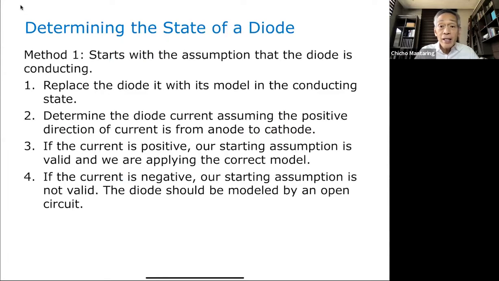So that's consistent with the convention for current direction and voltage polarity. If the current ends up really being positive, then our starting assumption is valid and we are applying the correct model. And therefore, whatever we have computed is valid. On the other hand, if the current is negative, then our starting assumption is wrong. And the diode should have been modeled by an open circuit, which is the diode model when it is not conducting. So this is one method of determining the state of the diode.